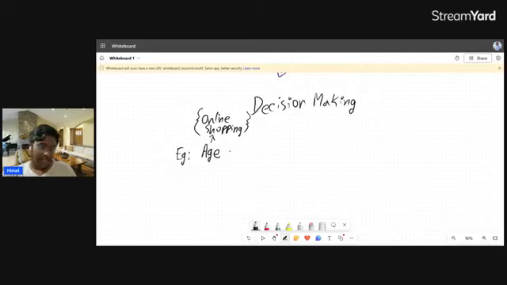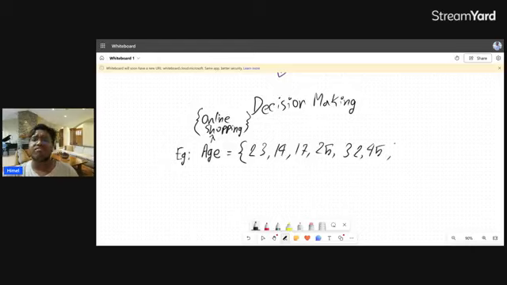Let's say I have ages of 23, 14, 17, 25, 32, 45, and 30. So what can we do with this data?